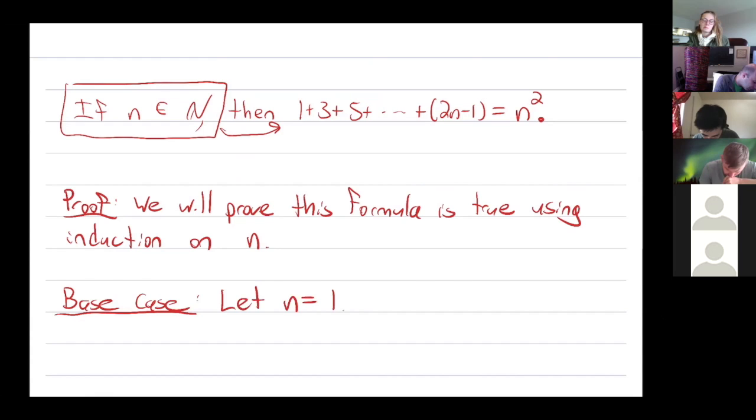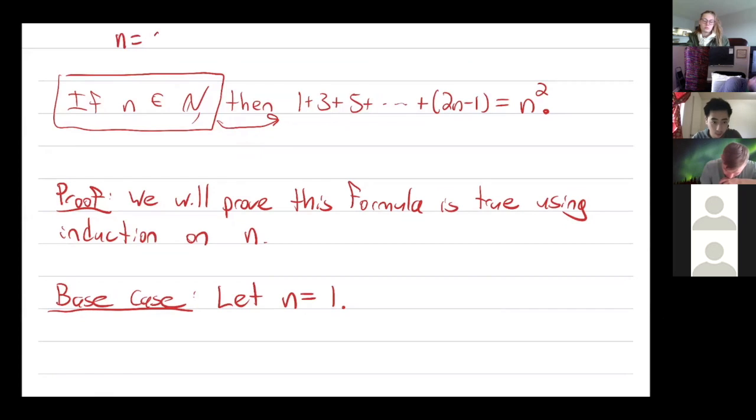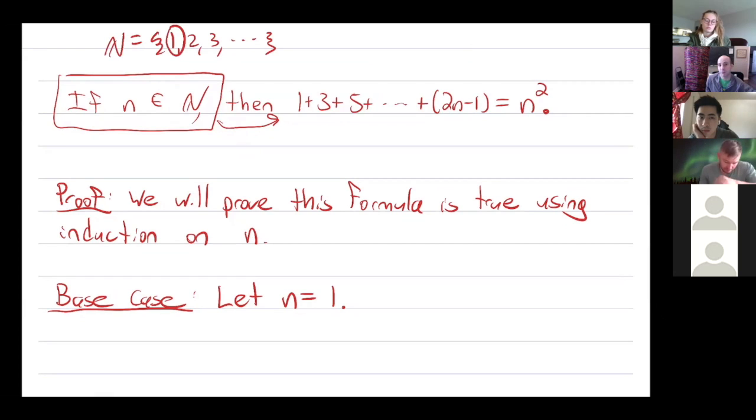So this base case should very clearly just start by saying, here's what I'm going to set n equal to. And again, this comes from the fact that up here we've defined that n is coming from the set 1, 2, 3, all the way out, since it's a natural number. This is a big N. So we take our base case, which is the first value that n could be, which is 1.